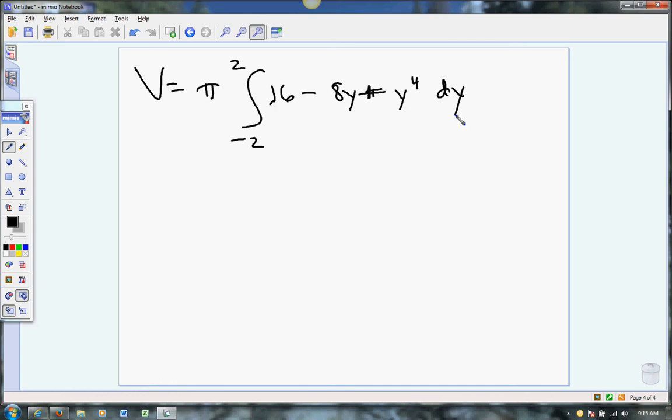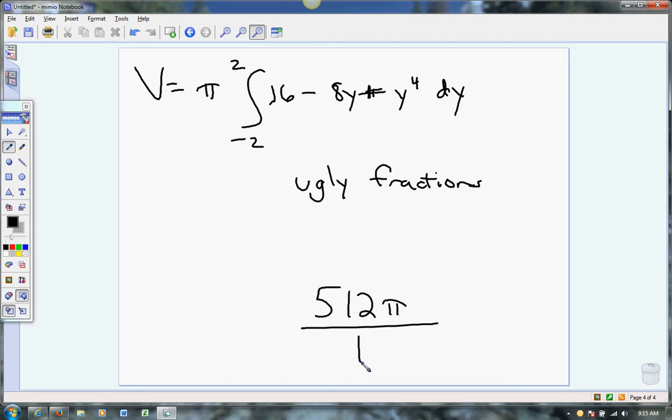And that's what I'm going to integrate, and it's pretty straightforward. You are going to deal with some ugly fractions at the end of this one, but I will go ahead and tell you what your final answer should be. Your final answer should be 512 pi 15ths. So work through that one analytically.